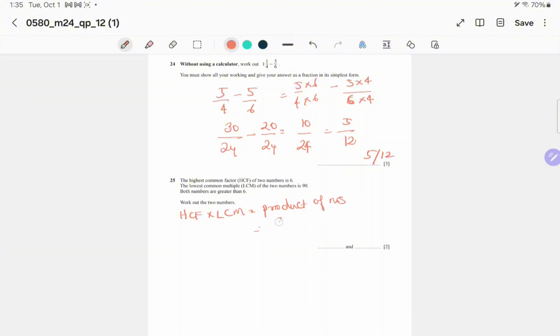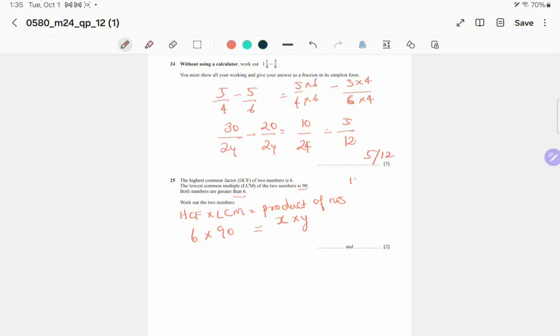We will keep the numbers as x and y. So HCF is 6 and LCM is 90, so 6 into 90 is equal to x into y. And one more data has been given: both the numbers are greater than 6. That's the main hint they have given.